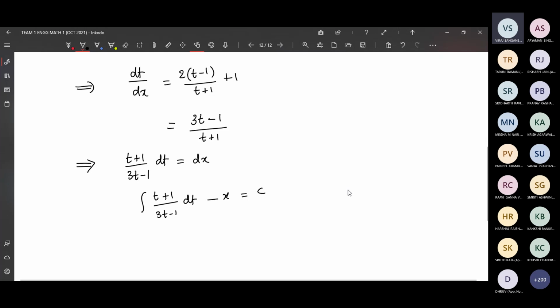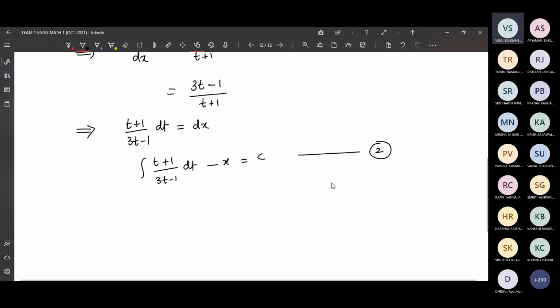So I'll take integration here, because t terms are on the left hand side and x terms on the right side. Just take integration. Integral dx is x, I am writing directly, and a constant. So this is some second equation. First, you still need to get rid of this integral.